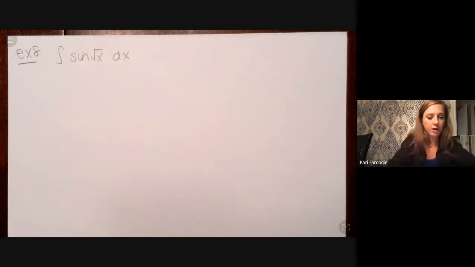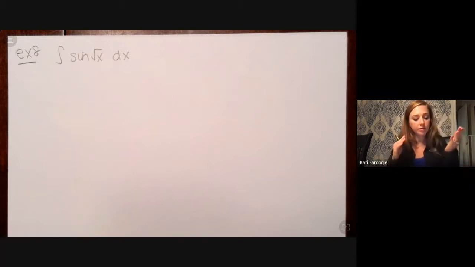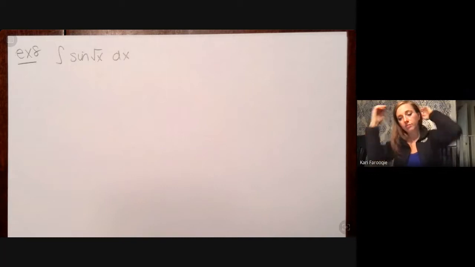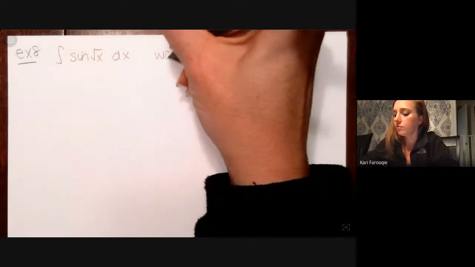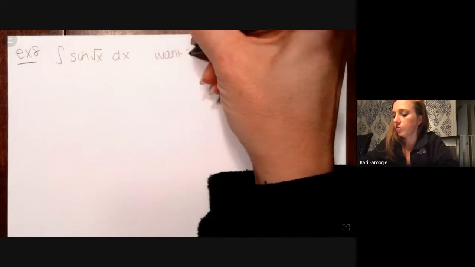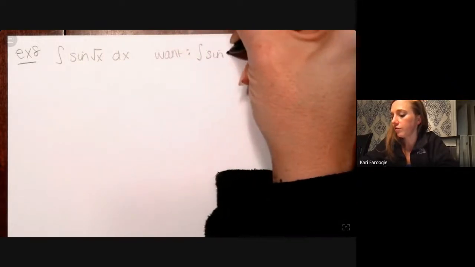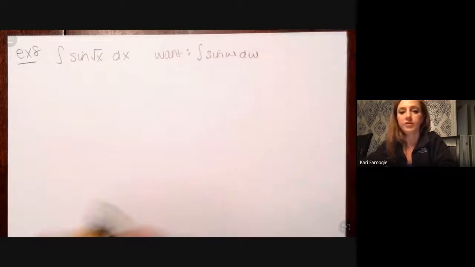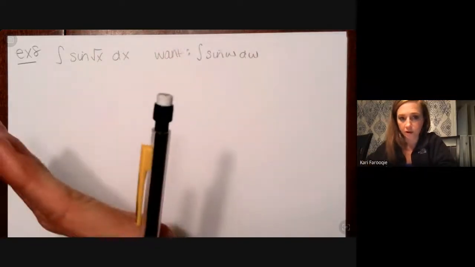So we're going to do a little bit of wishful thinking here. And we're going to let this be w. So we want this to look like the integral of sine w dw. That's what we're going to try to force here.